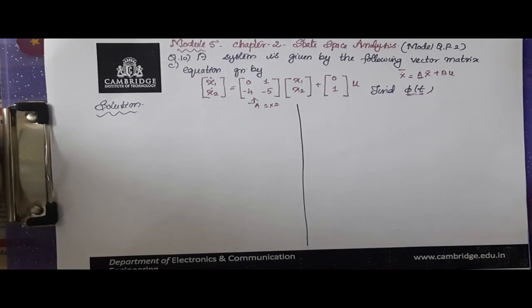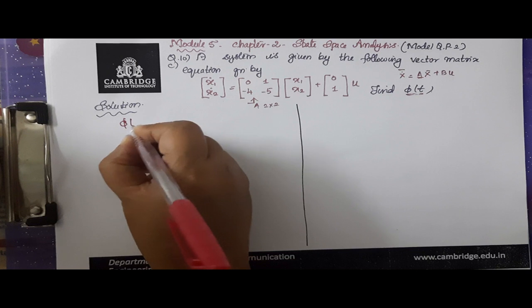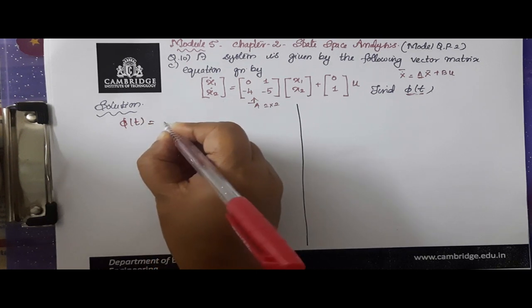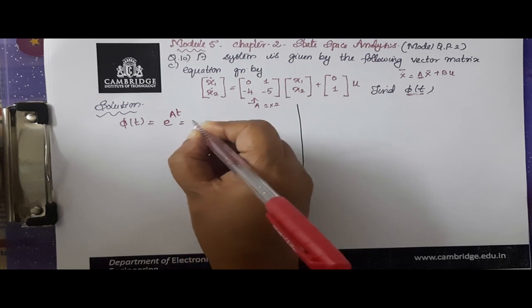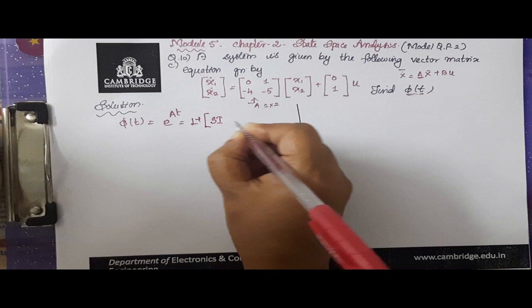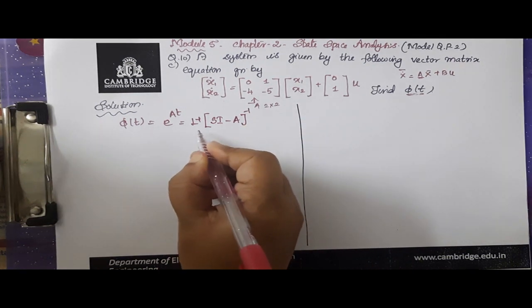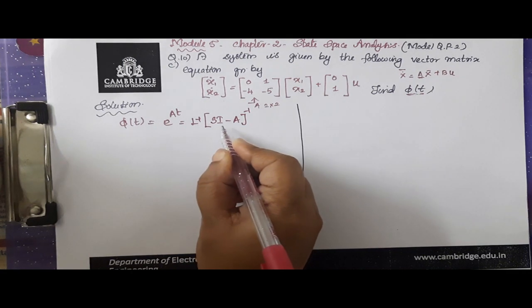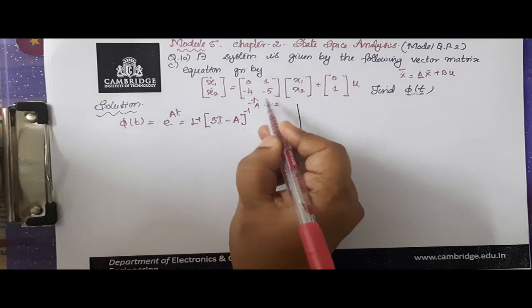The formula to find the state transition matrix phi of t, which can otherwise be written as e to the power At, is L inverse of (sI minus A) the whole inverse. That is the inverse Laplace transform of (sI minus A) the whole inverse, where I represents the identity matrix and matrix A is given in the question.